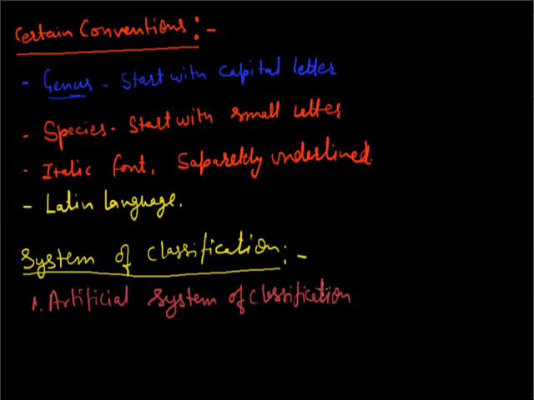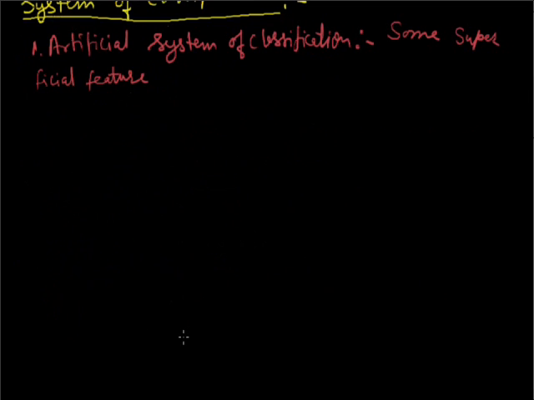In this classification, we use only some superficial features for classification. So this is known as the artificial system of classification.